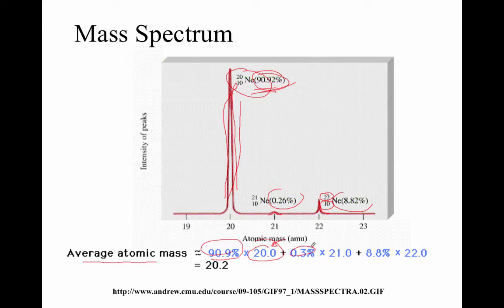Then it's the percent times the atomic mass of the other isotopes, and then you can get the average atomic mass of the element neon. All right, but it's important to note that these peaks show up because those neon isotopes were given a positive charge.